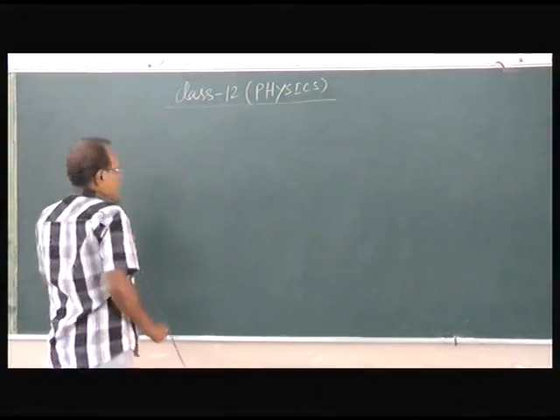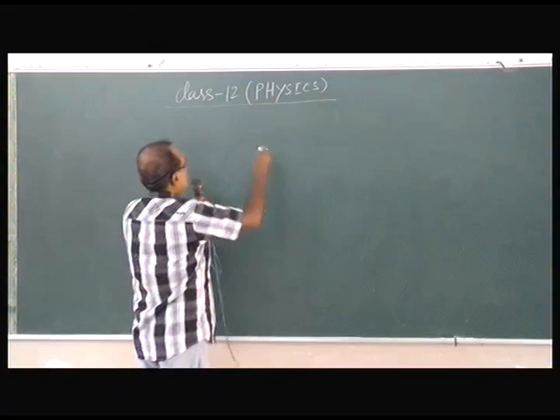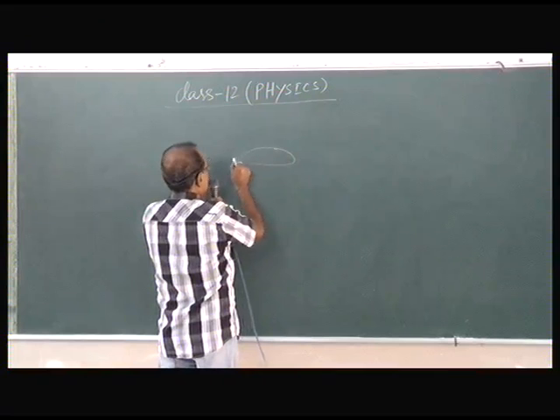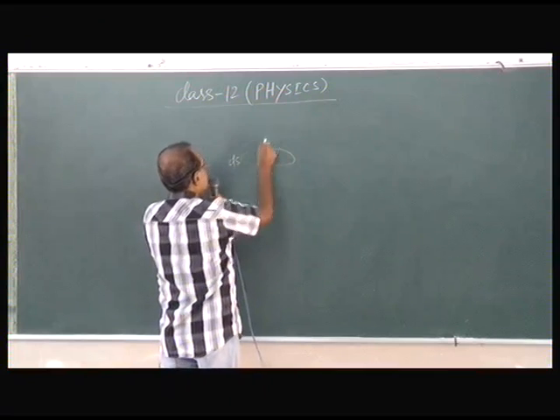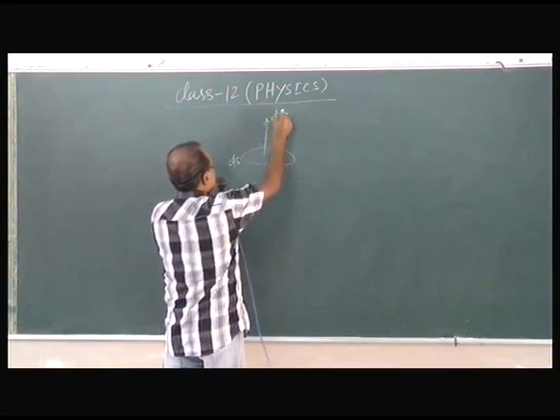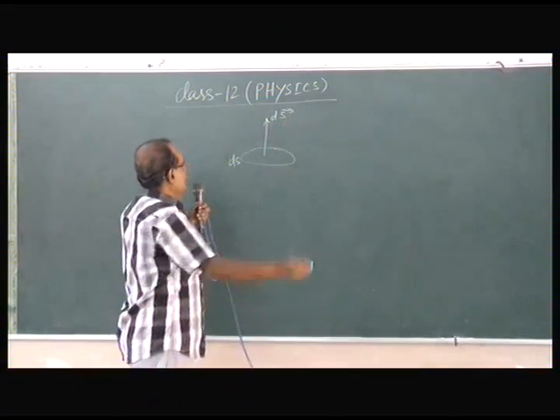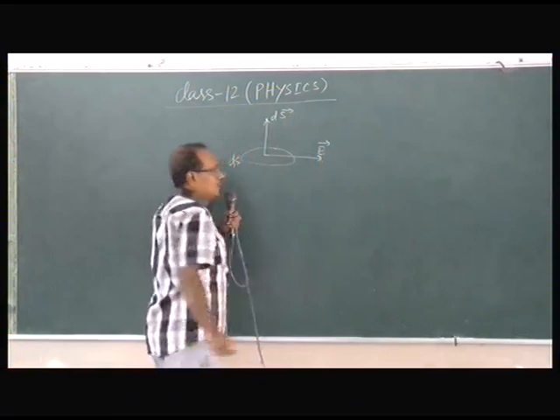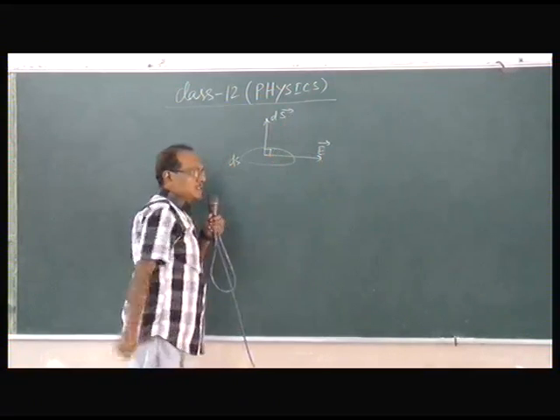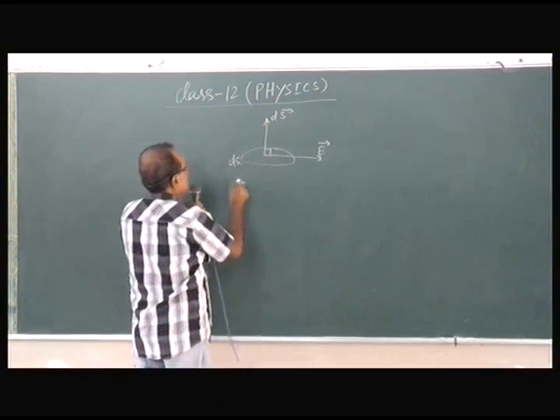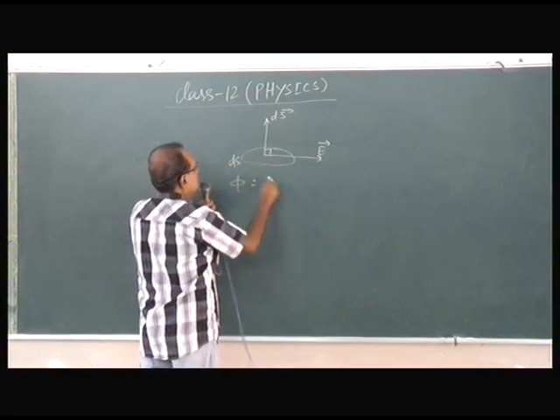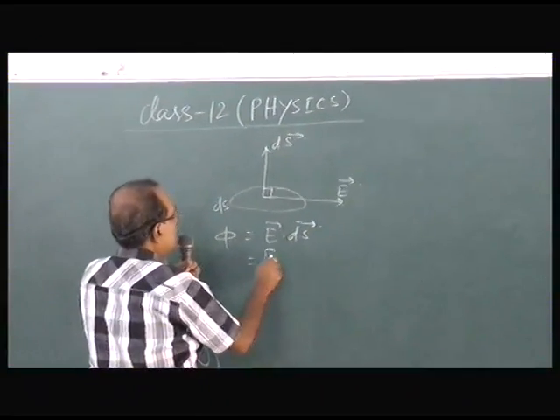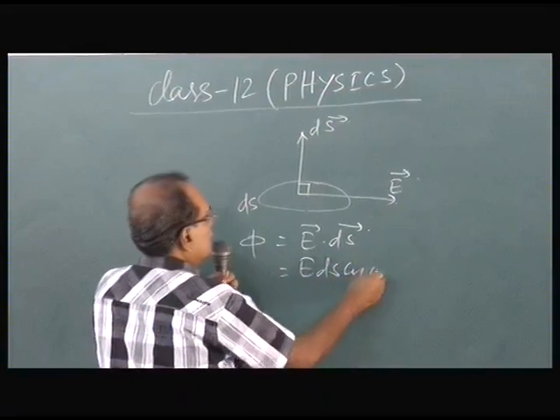Now, as we know, if this is a surface, its area is ds, so the area vector will be taken as ds vector. If the electric field is making an angle of 90 degrees, then phi is equal to E dot ds, which is E ds cos theta.